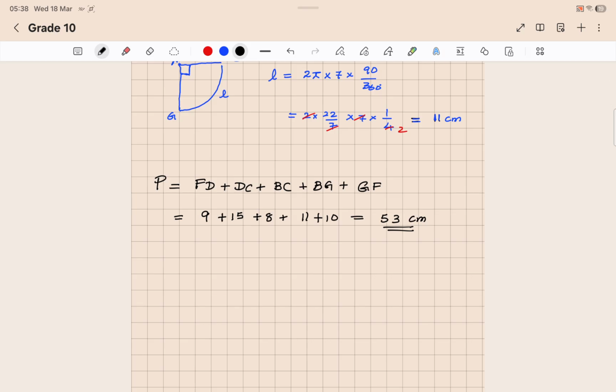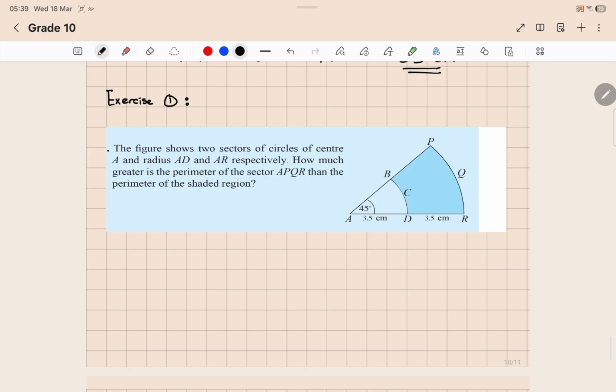Right. Okay. We'll do one more question in this section. The figure shows two sectors of circles of center A, the radius AD and AR respectively.